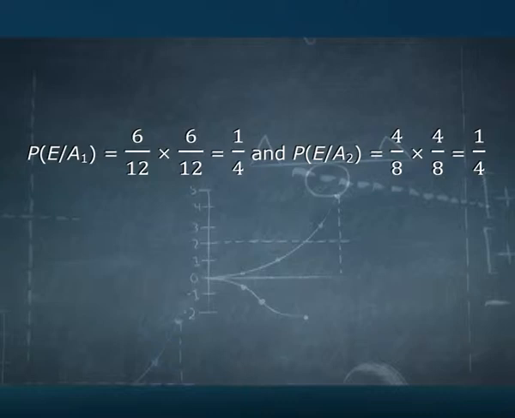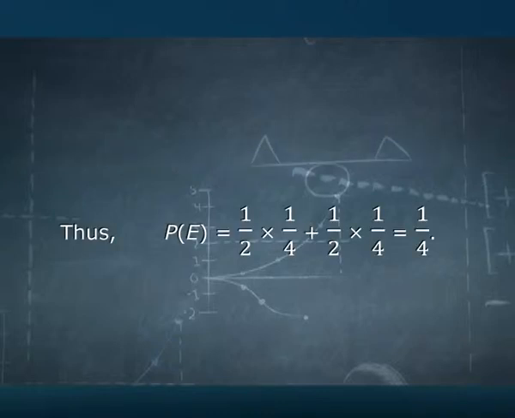And the probability of E given A2 will be calculated as 4 by 8 times 4 by 8, so that is again equal to 1 by 4. Thus the probability of E is equal to 1 by 2 times 1 by 4 plus 1 by 2 times 1 by 4, which is equal to 1 by 4.